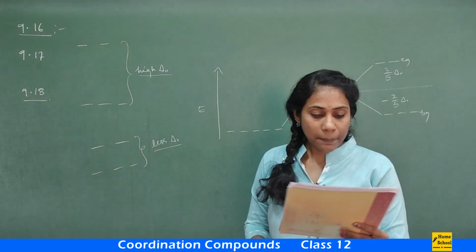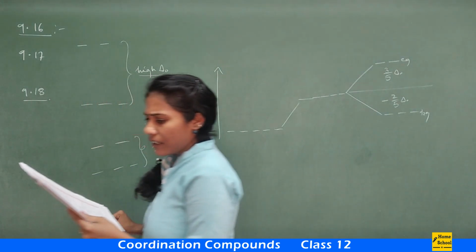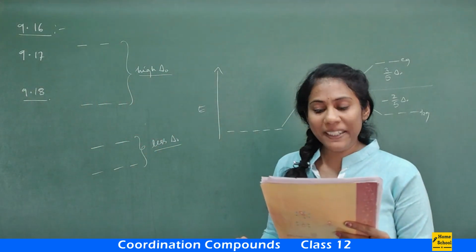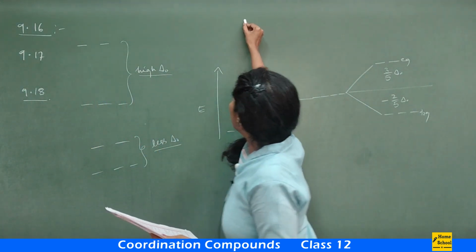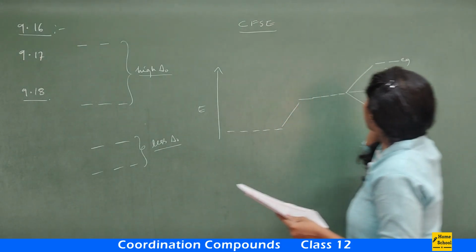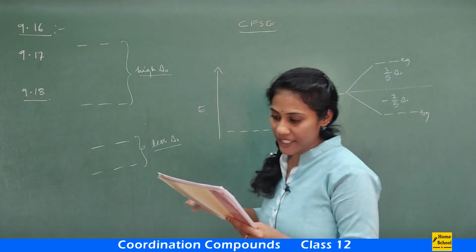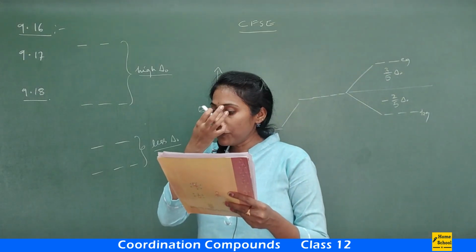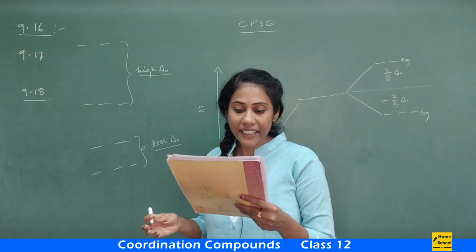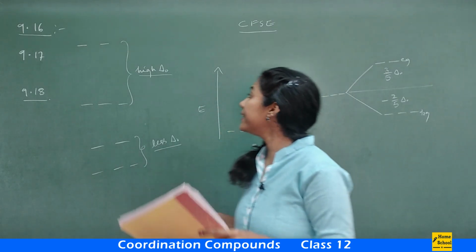Fine. Now coming to question number 9.18, guys. What is crystal field splitting energy? They are asking for the definition of CFSE. The energy difference between the T2G and EG sets is called CFSE. How does the magnitude of delta naught decide the actual configuration of d orbitals in the coordination entity?